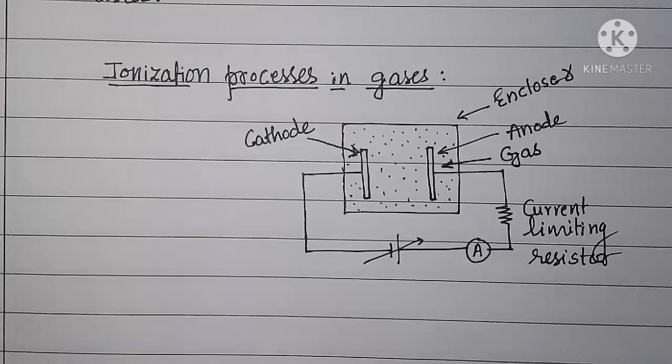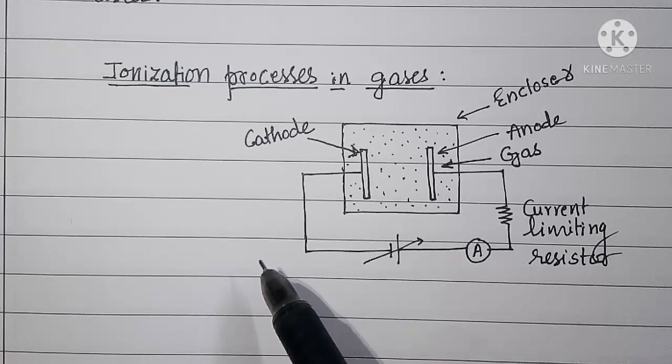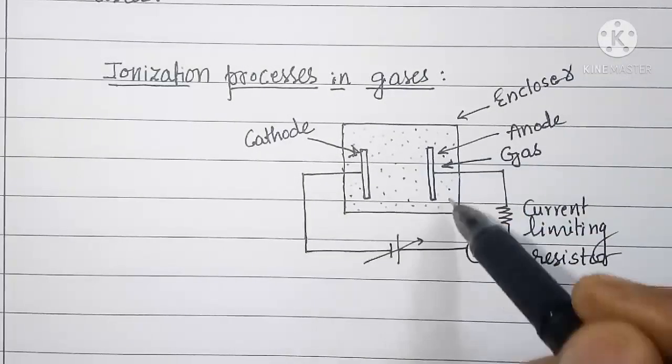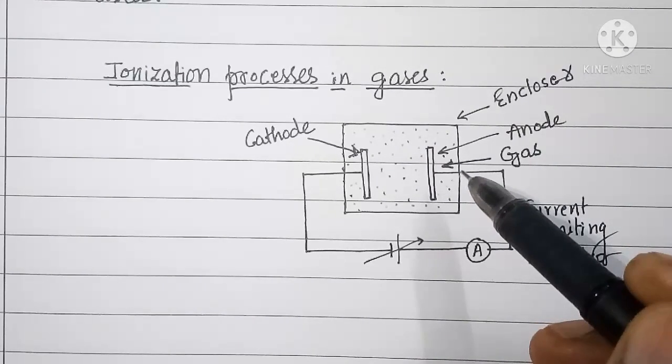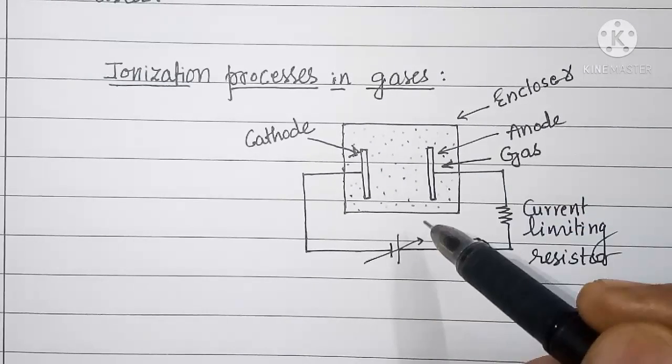Ionization processes in gases. A gas in its normal state is almost a perfect insulator. However, when a high voltage is applied between the two electrodes in a gaseous medium as shown here. Here is an enclosure, a box like structure, in which the two electrodes are immersed in a gas.